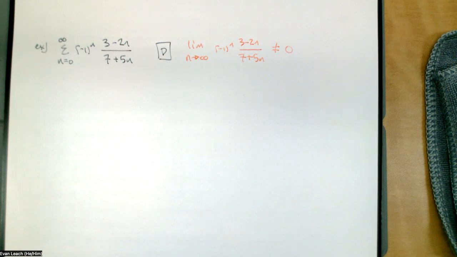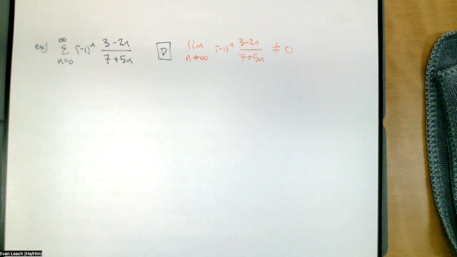The trap that is set up in this problem is that the limit of the terms is also not -2/5. Because when we have a (-1)^n, when that factor is positive, the terms are headed towards 2/5. When that is negative, they're headed to -2/5. This limit does not exist.